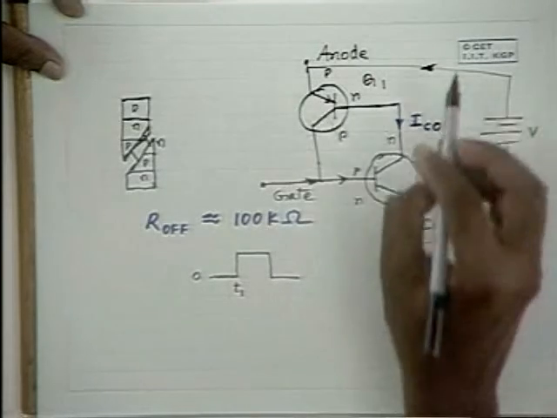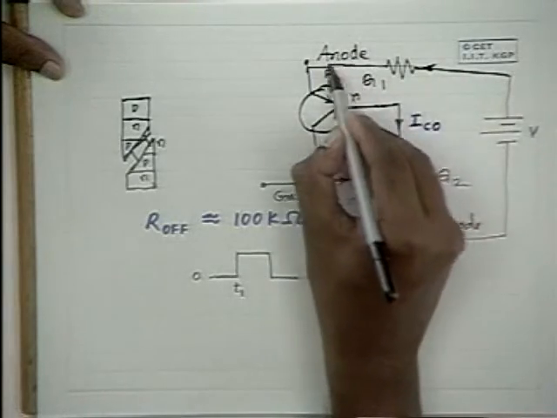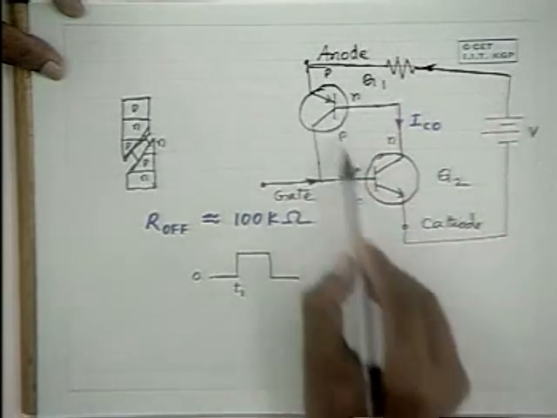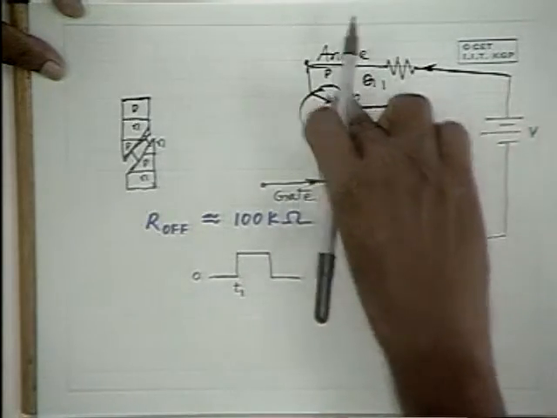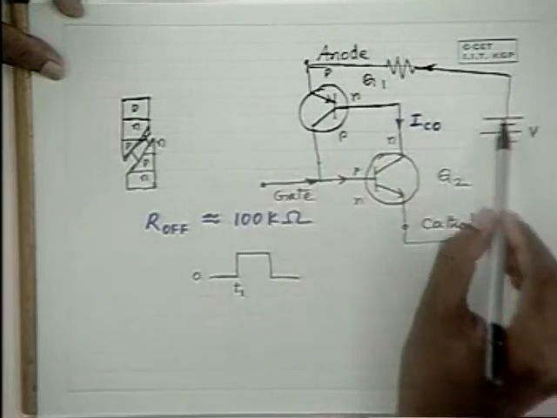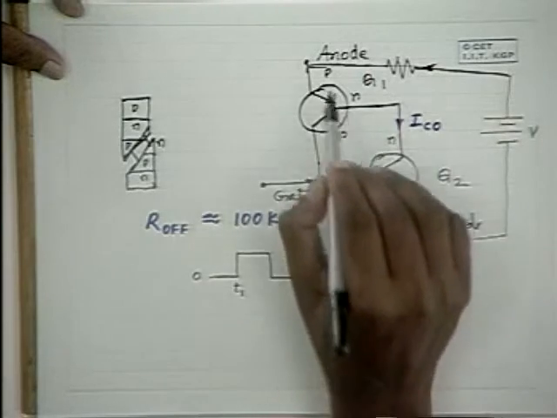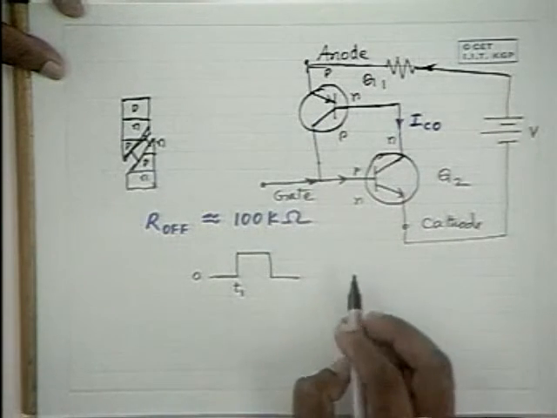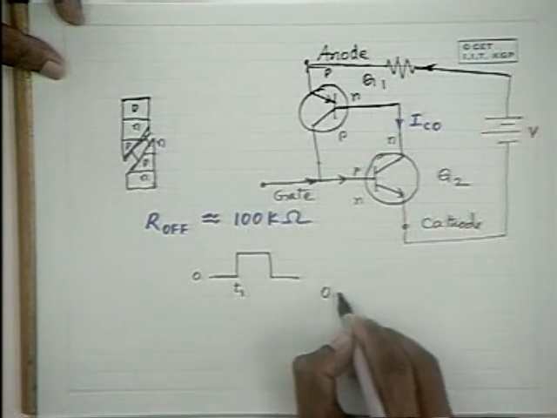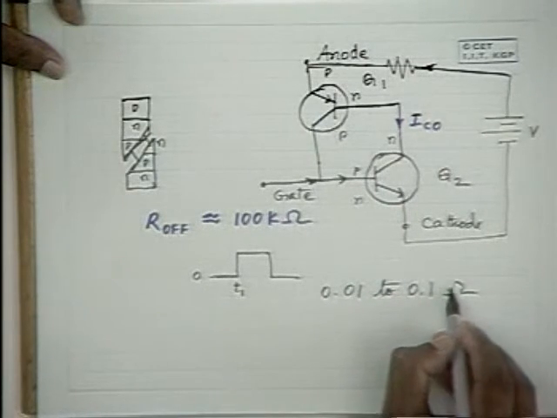It turns on, and in case there is a load resistance in series within the circuit, and this acts like a switch and allows current to flow through, then except for a small amount of voltage drop here, most of this V appears across the resistance, and hence the circuit gets switched on and the voltage appears across the resistance R. During the on condition, the resistance typically offered is of the order of 0.01 or 0.1 ohms, which is very small.